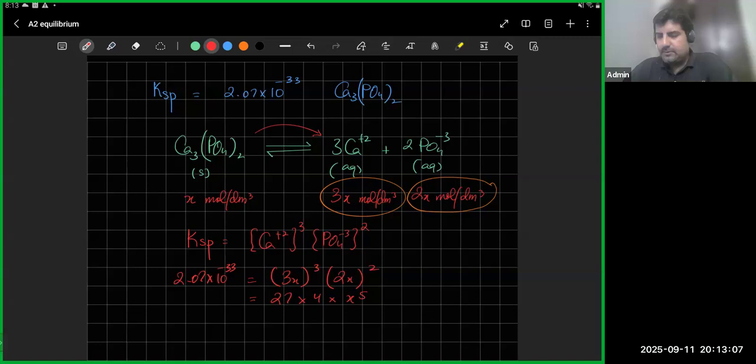So can somebody do the math? Can somebody confirm this? My x is coming out to be 1.138 times 10 power minus 7 mole per dm cube.